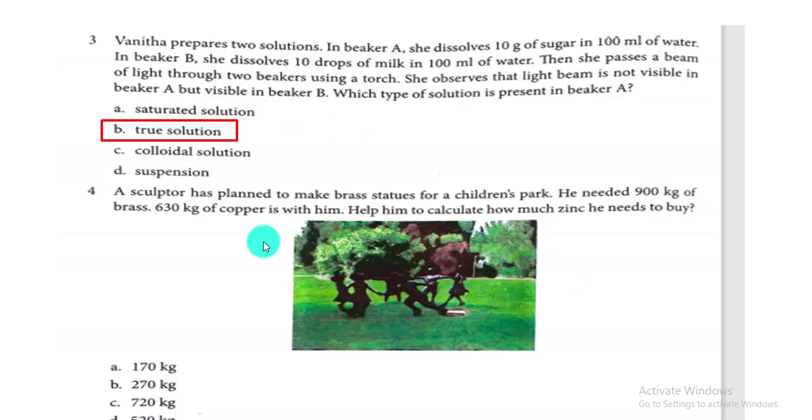If you add 270 kg to 630 kg, you will get 900 kg. So it is fulfilled: 630 plus 270 gives you 900 kg. So we are choosing 270 kg for this question.